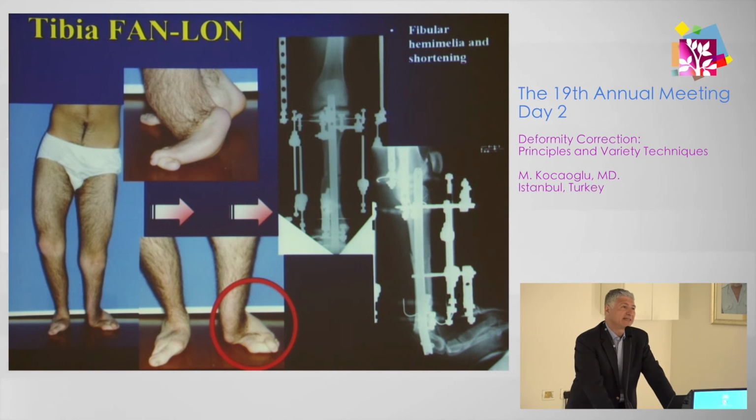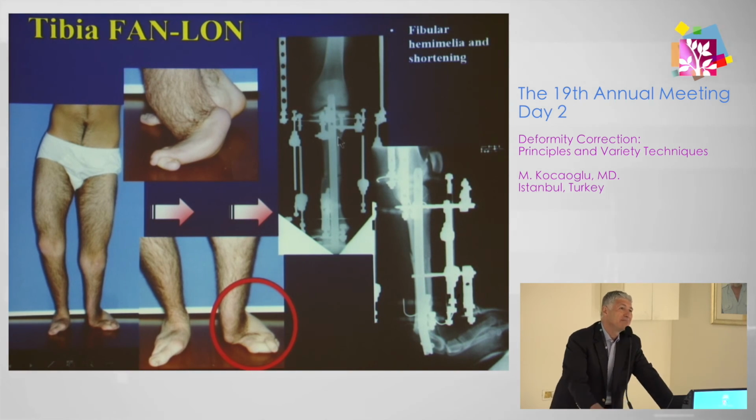Sometimes I use this technique for correction of congenital deformities, like this one, a sequela of fibular hemimelia, which is not able to walk. You see the great toe here. I did an osteotomy at the supramalleolar area, corrected acutely, and put the nail inside. You see it goes through the tibia and through the intercondylar notch in the femur. This is not a misapplication.